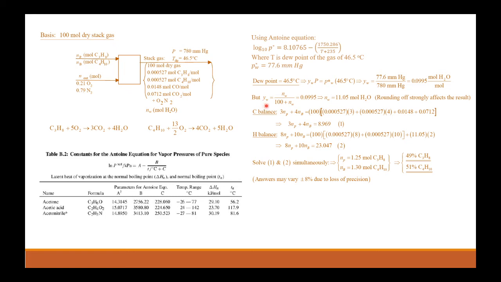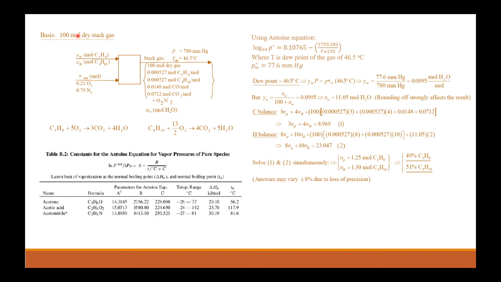So the mole fraction of water, YW, which we have found, is equal to the number of moles of water divided by the total number of moles coming out at the outlet stream, which is the number of moles of the dry gas plus the number of moles of water vapor. Then we can solve for the number of moles of water vapor to be 11.05 mole.